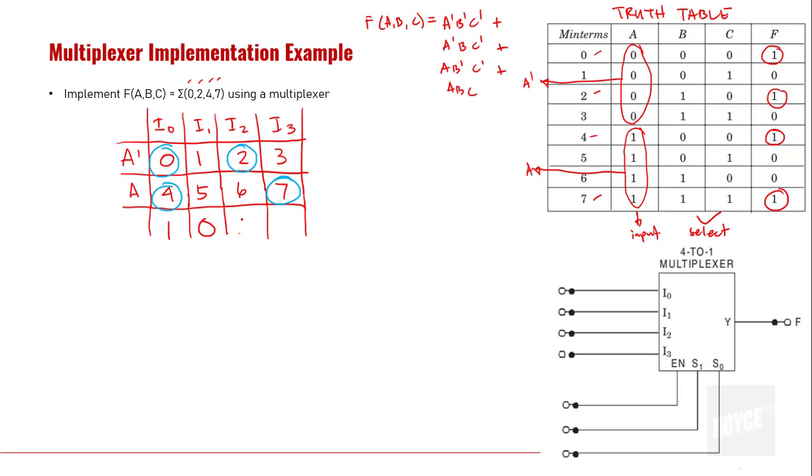Then we're gonna write here A complement. And for I3 column, yung minterm 7 yung naka-encircle, and that is in the A row. So, lalagay natin is A. Now, eto na yung isusulat natin: I0 is 1, I1 is 0, I2 is A complement, and I3 is A.